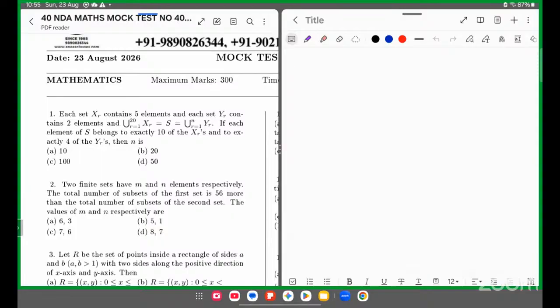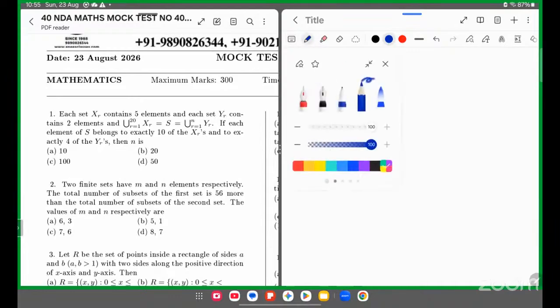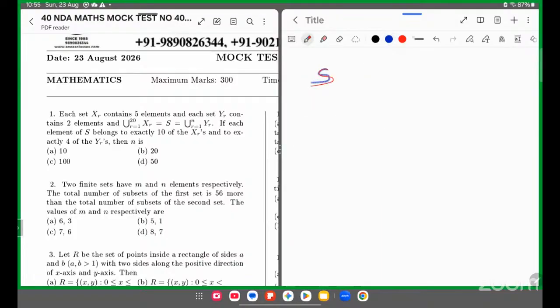So total elements in S will be 20 into 5, equal to 100.